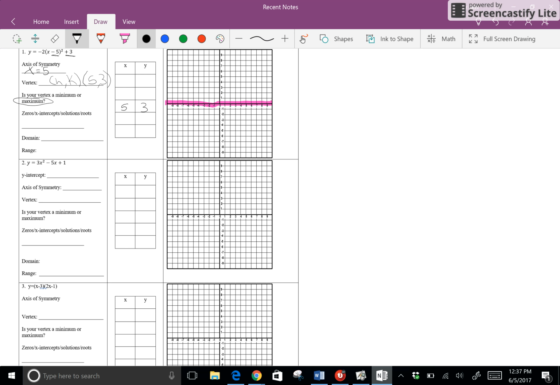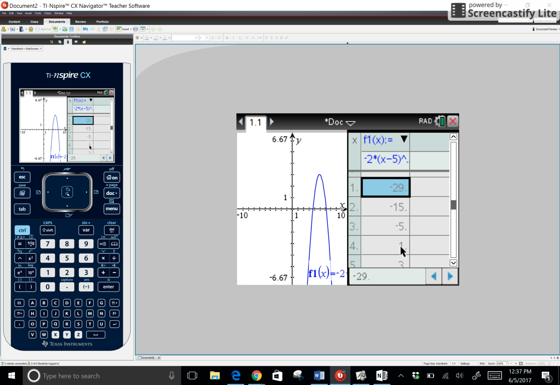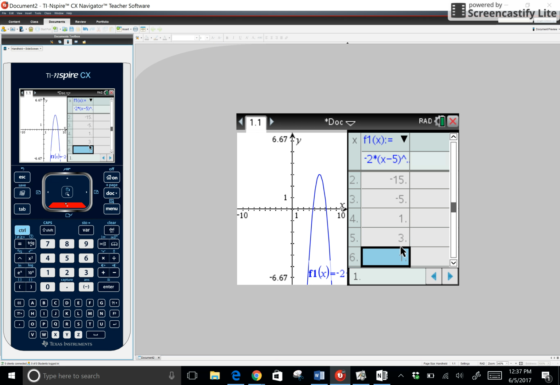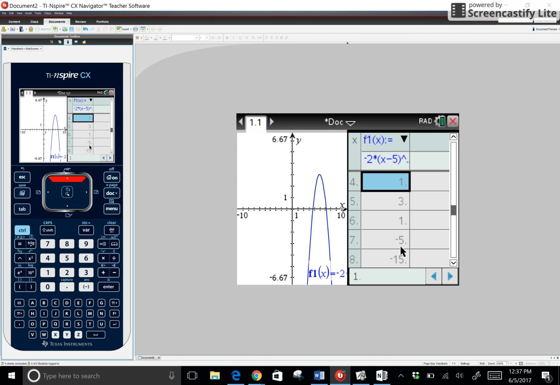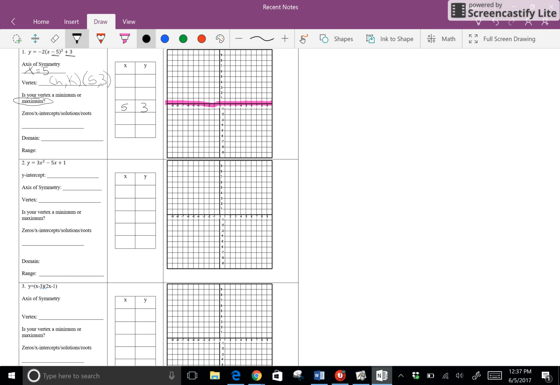Now, the easiest thing to do is to go to the table, and we have our vertex 5 comma 3. So we're going to put that in the center of our table. And then we're going to create our table by copying.